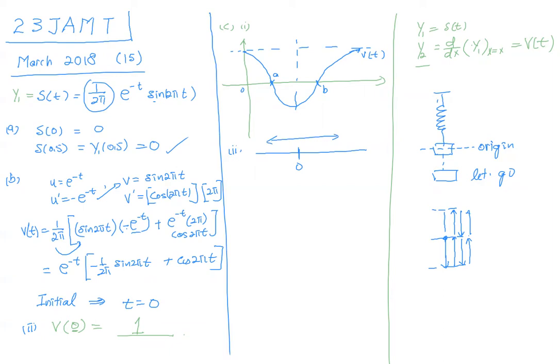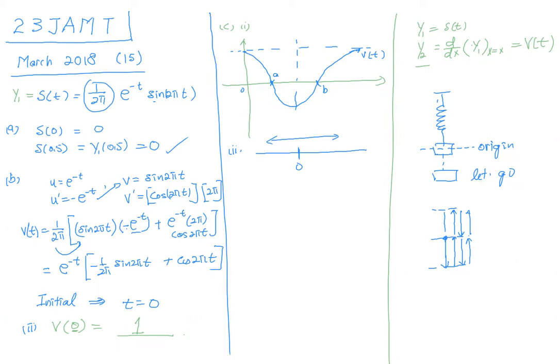The greatest velocity is 1. Okay, so you see that from A to B, correct? The velocity is negative. When it's at A, the velocity is 0. So at this point, the velocity is 0. Yeah, so when the velocity is negative, it is moving away from the origin.